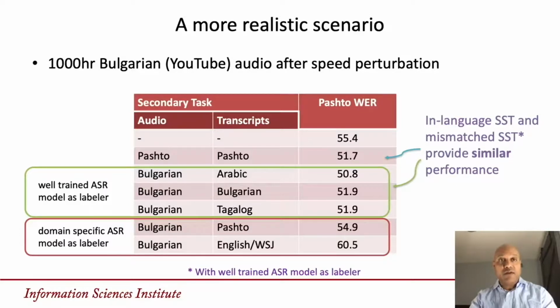The second row is in-language semi-supervised training, where we've taken 1,000 hours of Pashto data, also from YouTube, and trained our model with semi-supervised training. The next three rows are using the Arabic, Bulgarian, and Tagalog as so-called well-trained ASR models as a labeler on the Bulgarian audio. And the last two rows are using our Pashto baseline model as a labeler and the Wall Street Journal English system as our labeler.